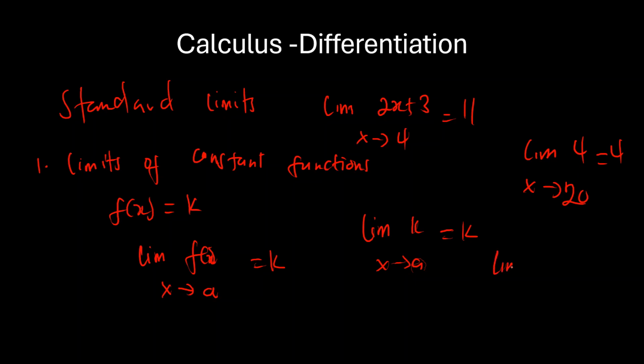If you have limit of 4 and it approaches 30, it's still 4. It does not matter the value it is approaching. Once this is a constant, then its limit is going to be what? The constant. If you have limit of 9 as x approaches infinity, this still equals 9 because 9 is a constant.